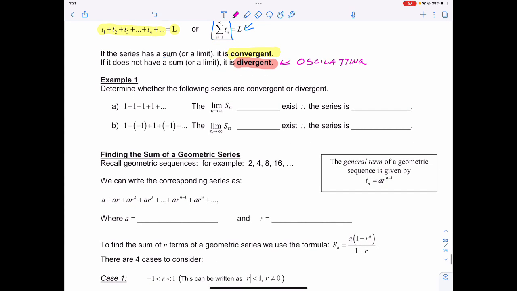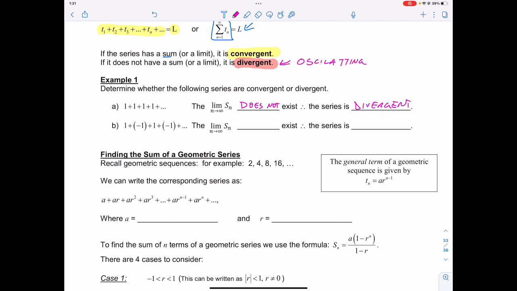Which means that in the first case, if I took 1 plus 1 plus 1 plus 1 plus 1 forever, then the limit of this does not exist because this is divergent. The sum is just going to continually get further and further apart and not come towards a set number.